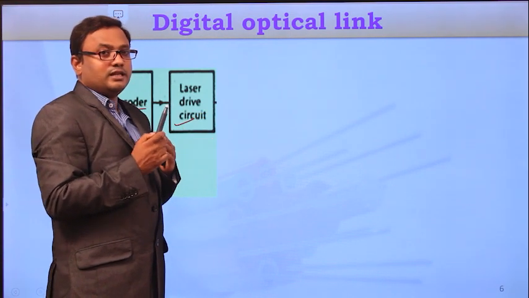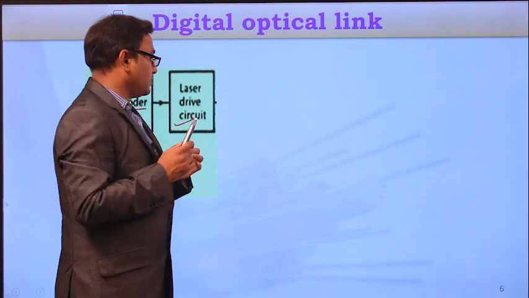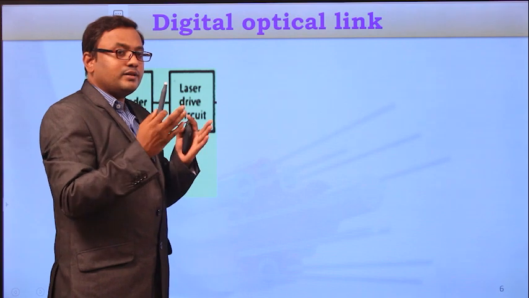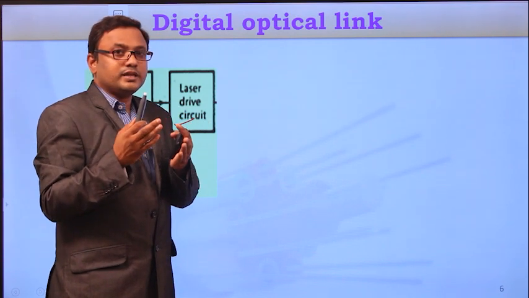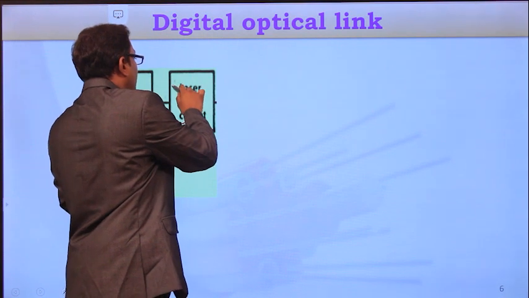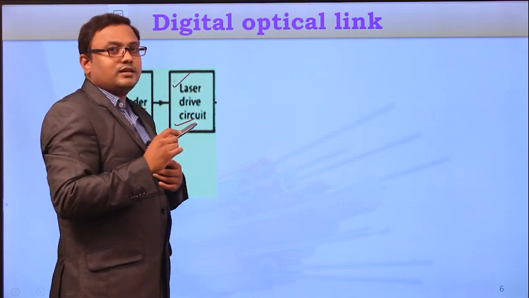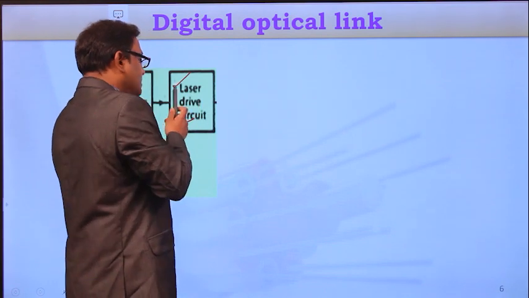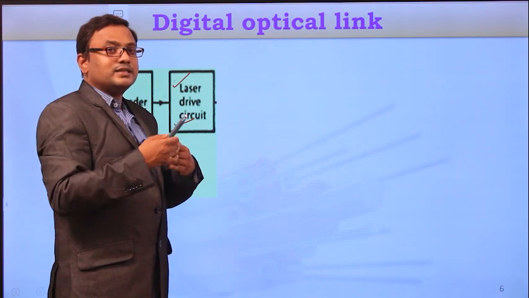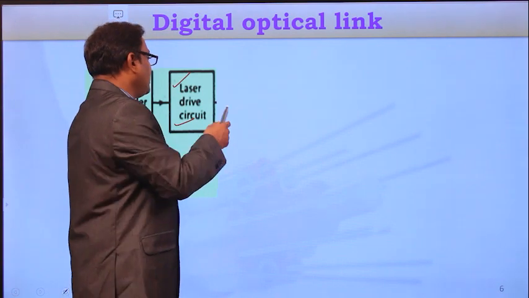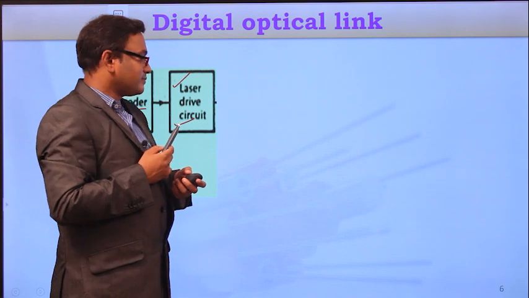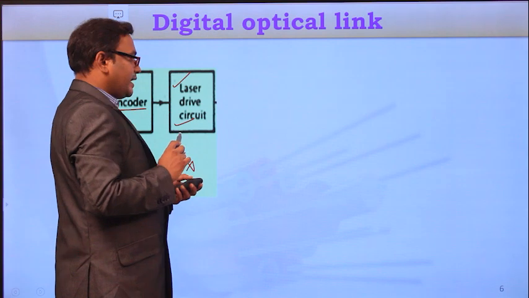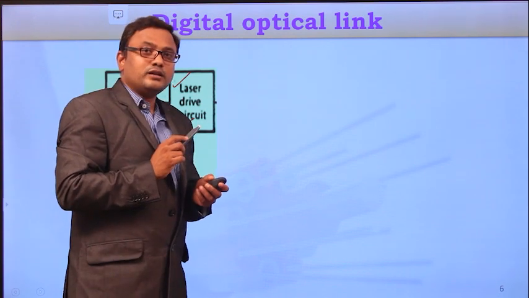In general, in long haul communication systems we use laser diodes as the sources, so the optical source will be the laser diode. So we call this the laser drive circuit, where the encoded digital signal is amplified so that it can drive the laser section.